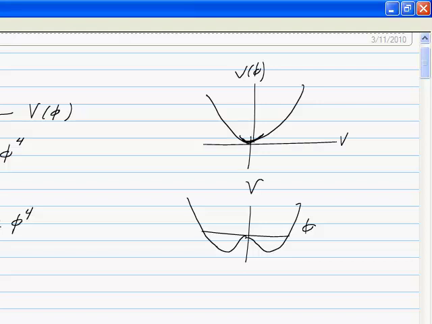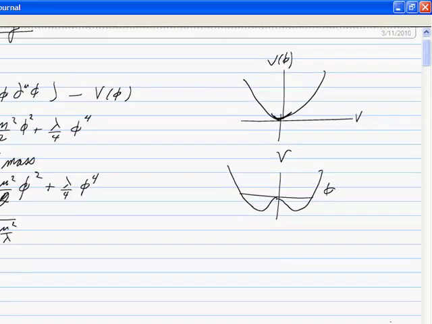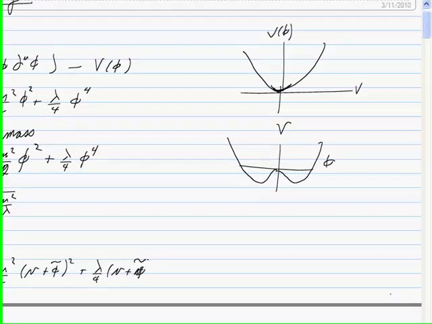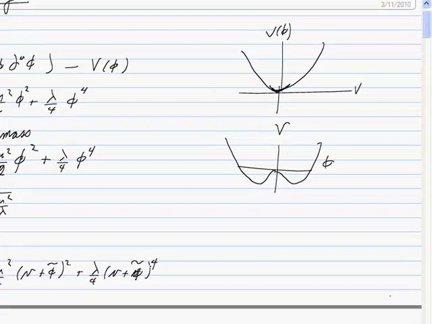And then V of phi total is minus mu squared over 2 times (v plus phi twiddle) squared, plus lambda over 4 times (v plus phi twiddle) to the fourth. Well, there's a shift.